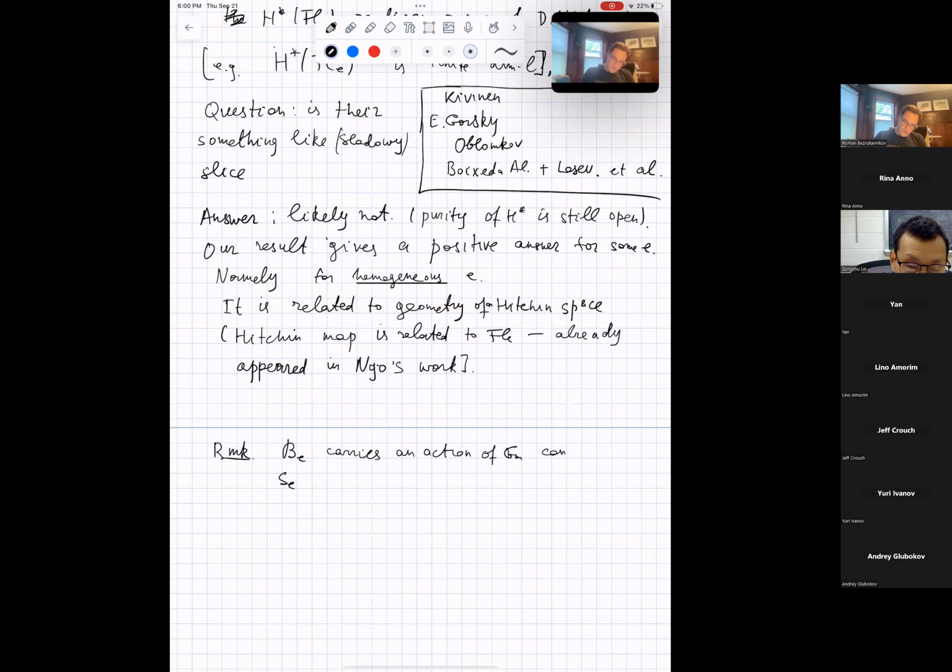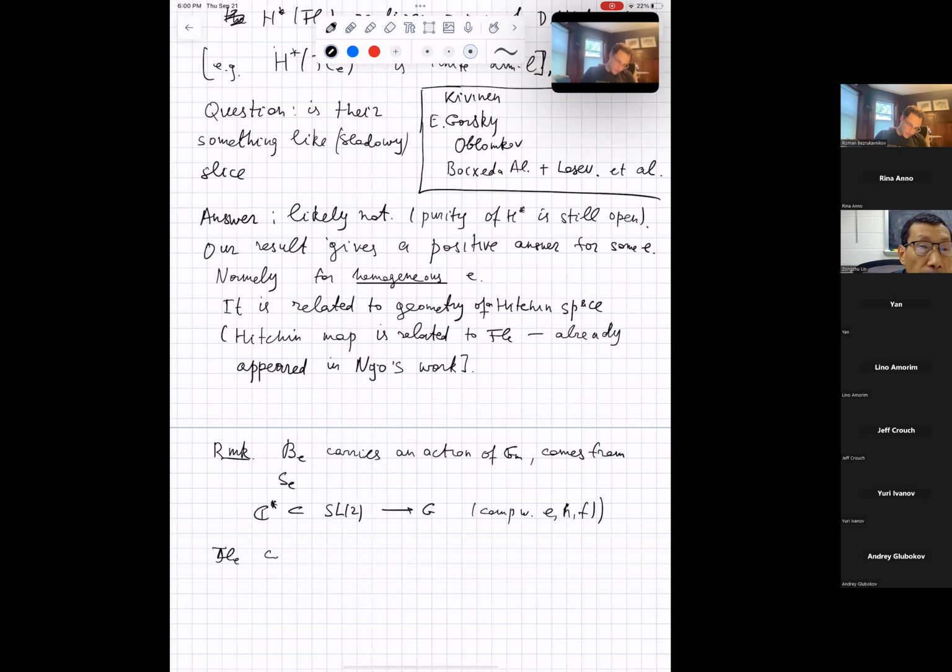It comes from the same SL2, from the diagonal matrices of C star inside SL2, mapping to G as before, compatible with the SL2 triple E, H, F that was used to construct the Slodowy slice. But there is no natural action of C star on full E in general.